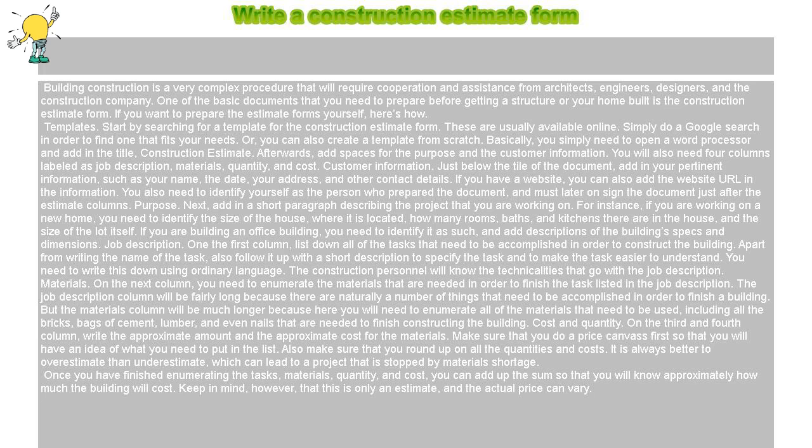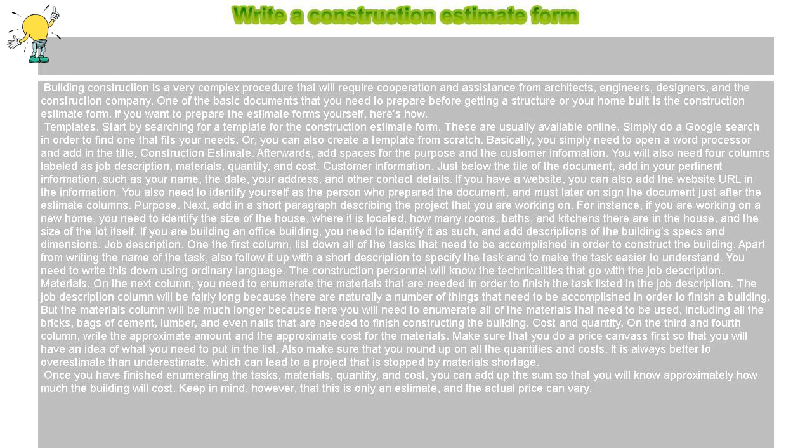But the materials column will be much longer because here you will need to enumerate all of the materials that need to be used, including all the bricks, bags of cement, lumber, and even nails that are needed to finish constructing the building.